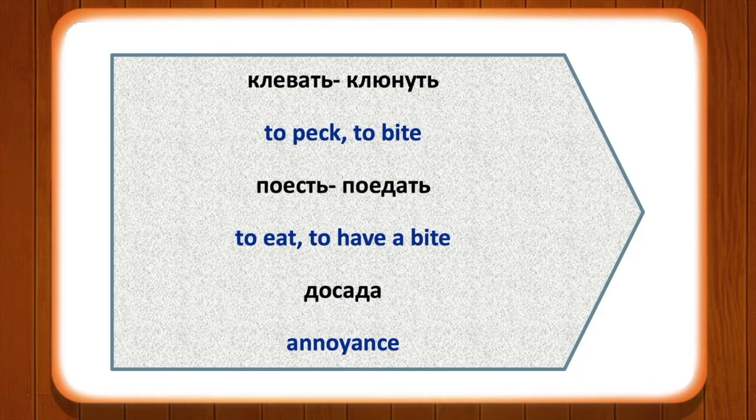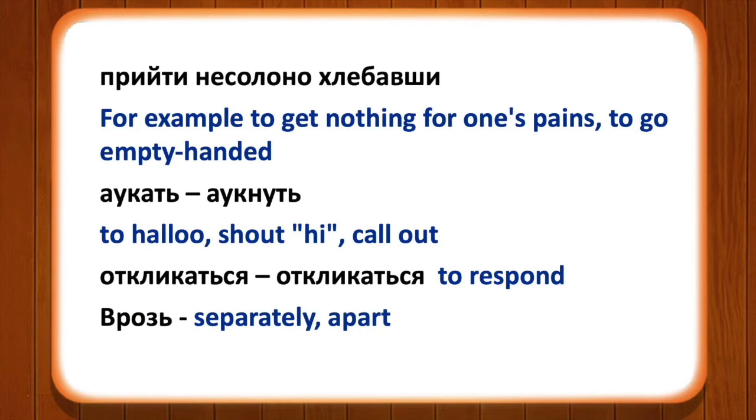Next word we have досада. That means annoyance. Next we have a set expression, ни с чем остаться, клевавши. That means to get nothing for one's pain, or to go empty-handed. Next verb combination we have аукать, аукнуть.